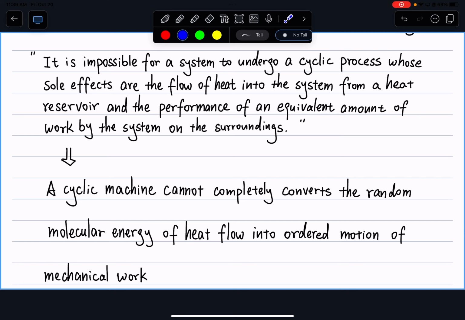Basically what it says is you cannot transfer the unordered form of energy. Heat is a disordered form of energy. Work is an ordered form of energy. Now, you cannot 100% transfer your disordered form of energy into an ordered form of energy.